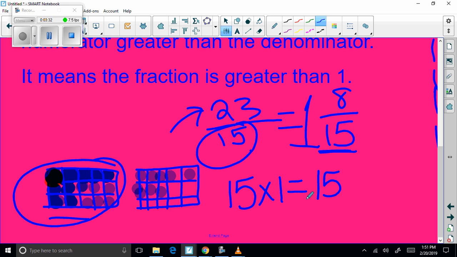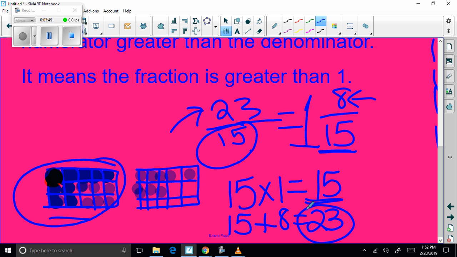You take the product of that, which is 15, and you add the numerator. 15 plus 8 is what, Jasmine? 23. And you take your answer, that becomes your numerator, which is 23. And you still have 15 equal parts. So it's the same thing. An improper fraction and a mixed fraction are equal.